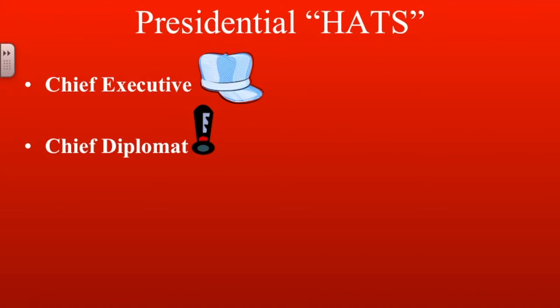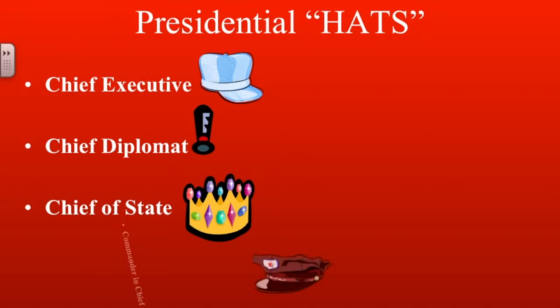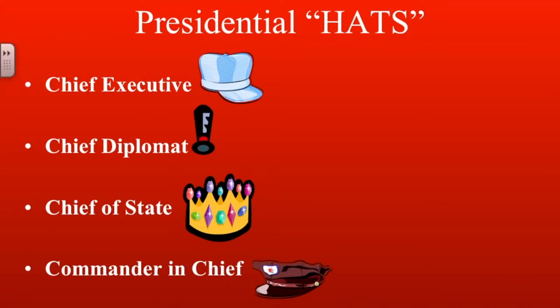Chief diplomat is a top hat because as chief diplomat, the president does work with other countries around the world, and he should be and look his best. As chief of state, he would wear a crown because he is the symbol of the United States. As commander-in-chief, obviously it would be a military hat.